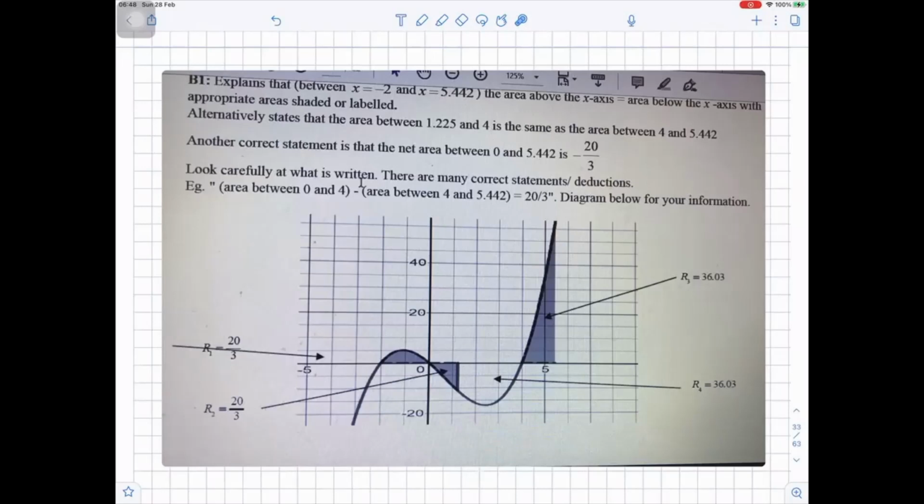That's what you need to say. Or you can state that the area between 1.225 and 4 is the same as the area between 4 and 5.442. Or you can say the net area is minus 20/3.